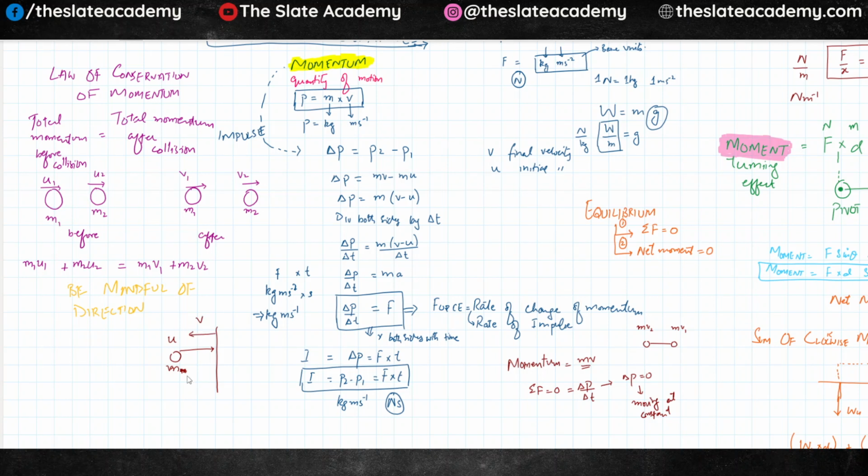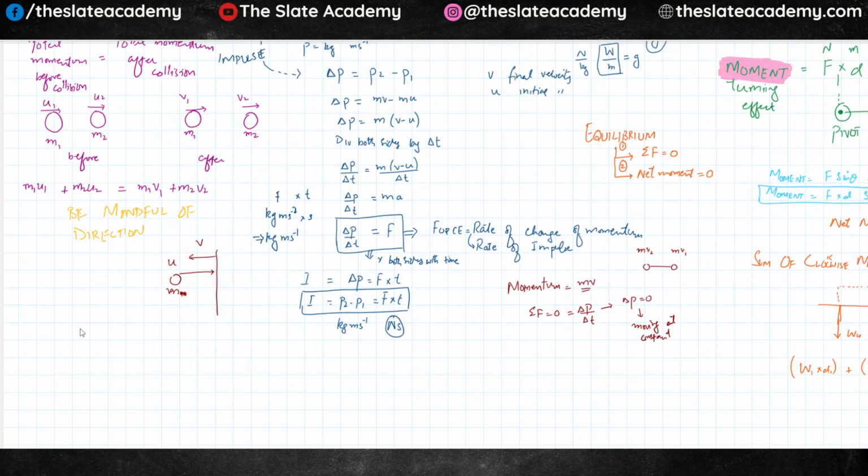Okay, so if I wanted to calculate change in momentum, this will be equal to P2 minus P1. What is P2? mv. What is P1? mu. But sir, one thing that I am missing is that if I am taking the leftward velocity as positive, I will have to take the rightward velocity as negative.